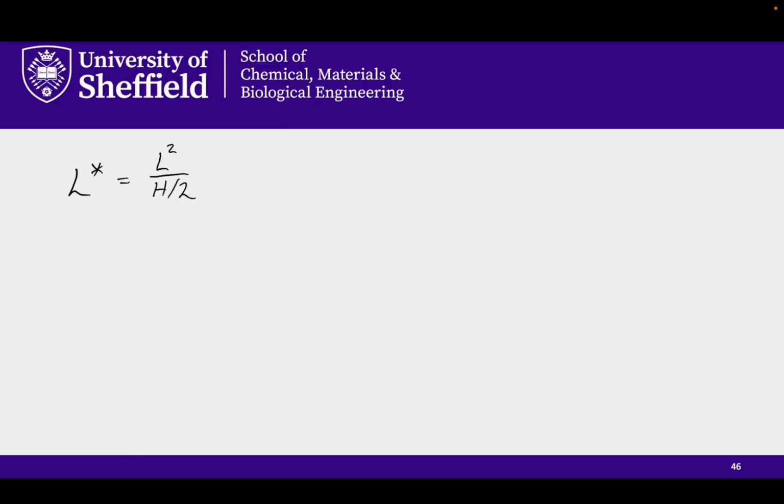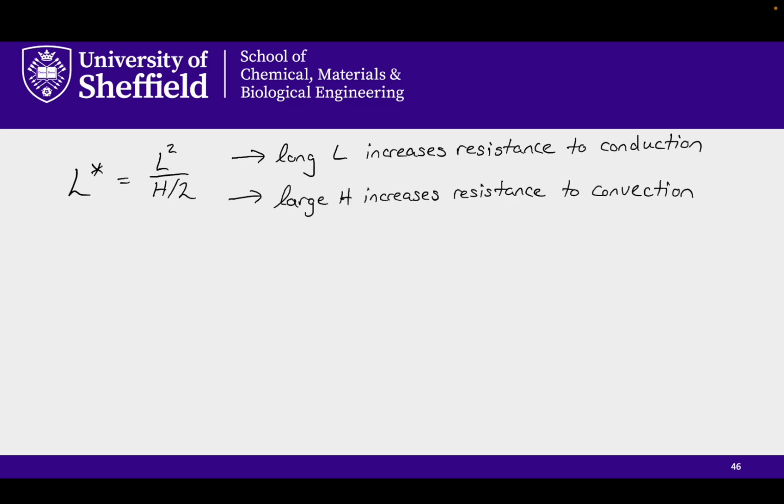And so if we look at that characteristic length, we see that increasing L increases the conductive resistance because there's just more metal for heat to conduct through. Conversely, increasing the height of the fin increases the resistance to convection. It's a rough way of thinking about it.